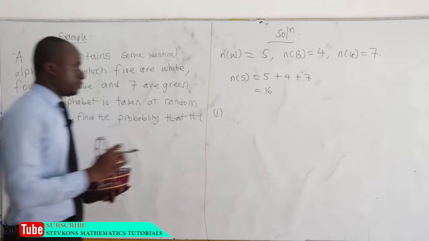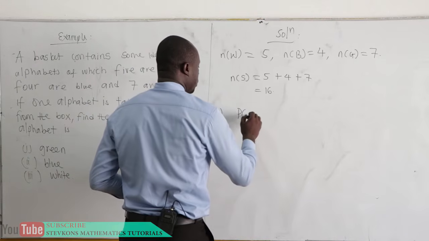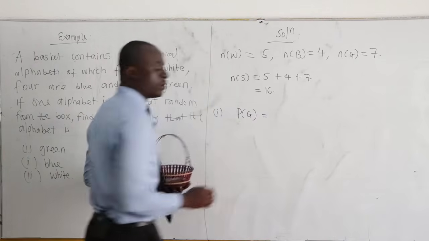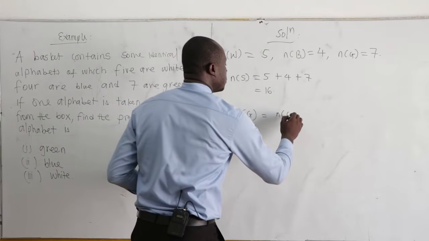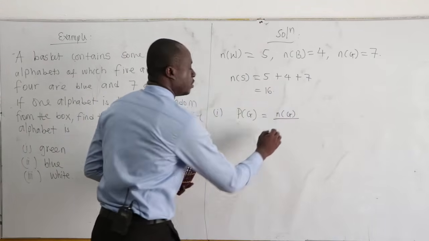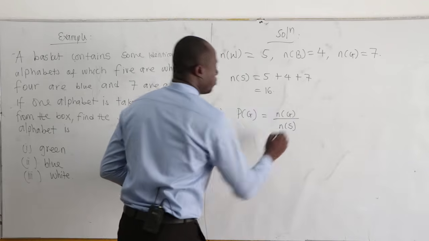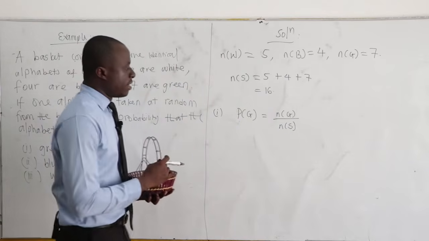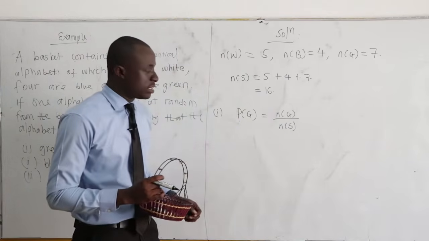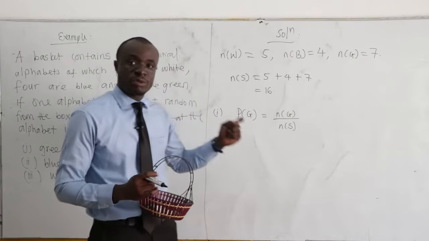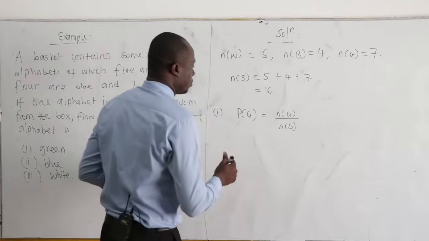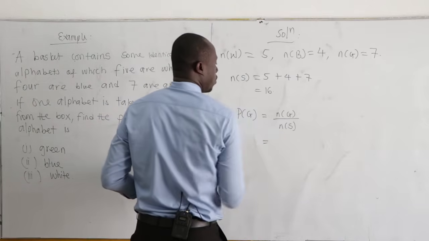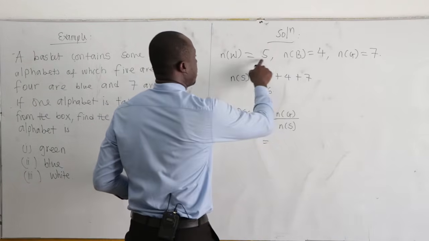Now the first one is asking, what's the probability that the alphabet will be green? So the probability that it will be green is denoted as P of G, the number of events all over the number of sample space. The sample space is the set of all possible outcomes of an event. So, how many greens do we have here?